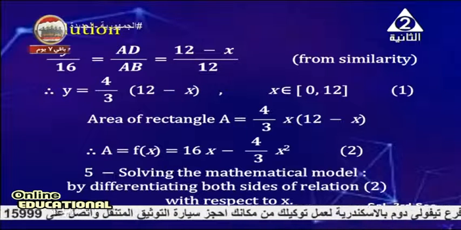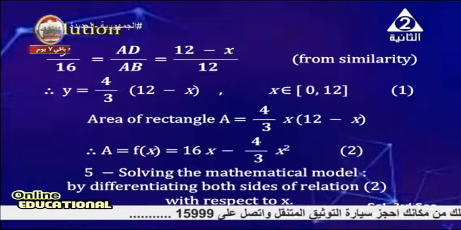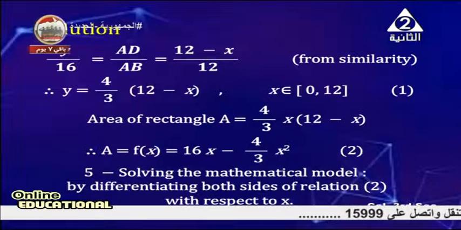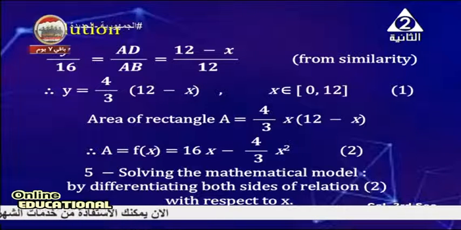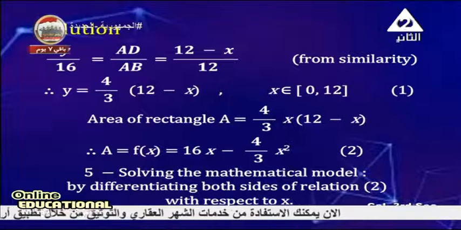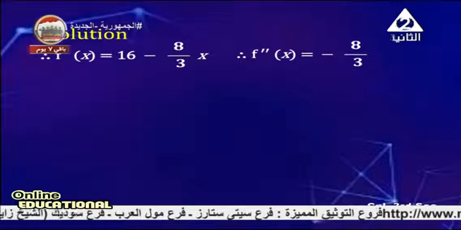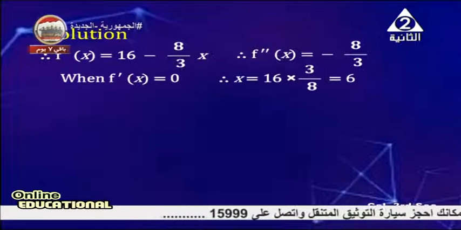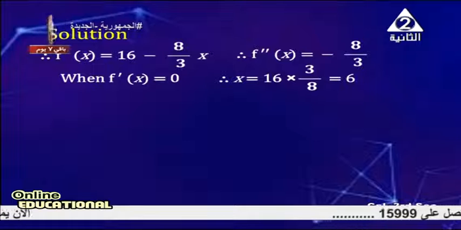Solving the mathematical model by differentiating both sides of the relation number 2 with respect to the variable x, the width of the rectangle. Then, the first derivative f dash x equals 16 minus 8 over 3 x. And the second derivative f double dash x equals negative 8 over 3. Now, to get the critical point, we put the first derivative f dash x equals 0.